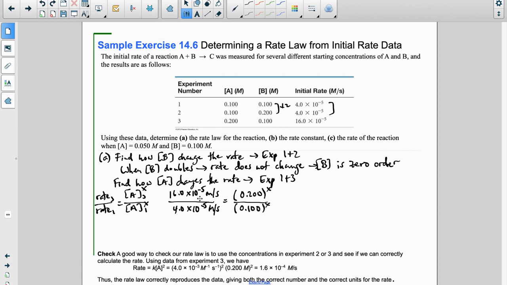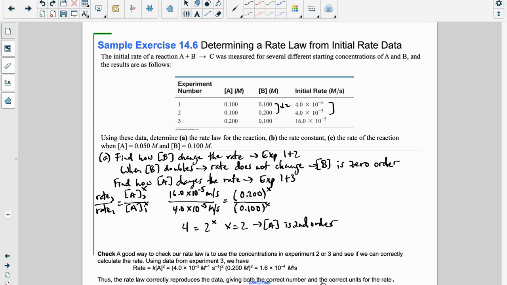I can divide these out. That's equal to 4, and this is equal to 2 to the x. So here we can see that x has to equal 2 in order for this to be true. So A is second order.